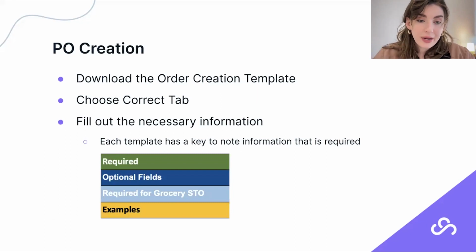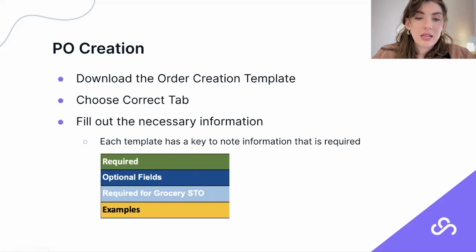The required tab is going to be green. So if you upload a template and you're in the correct tab and you don't fill out the required, it probably will not populate, because that is the data that is required to auto-populate some of those additional fields. Optional fields are going to be in dark blue.